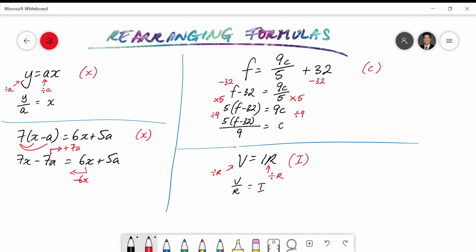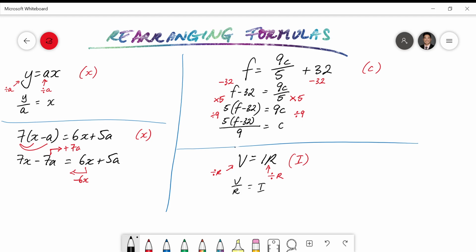I'm now doing a bit of multitasking at this point, which is pretty much the end of the chapter, hoping you can see how you can do two things at the same time. So I subtract 6x from both sides and add 7a to both sides.